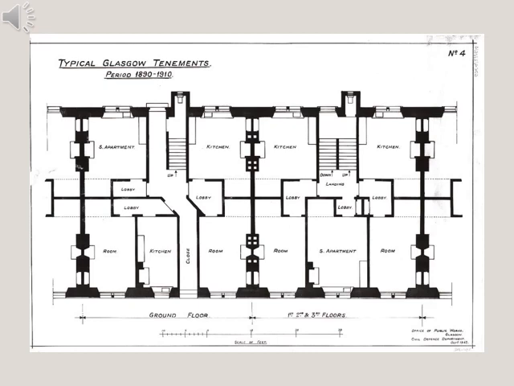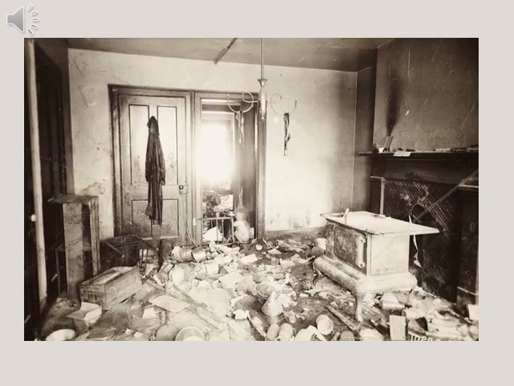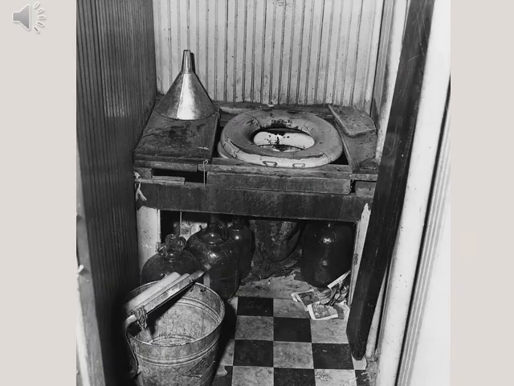One bathroom would be shared per floor for all of the tenants. This is an example of a tenement room with a young child hunched over in the center of the picture. This is an example of a tenement restroom or toilet in a tenement building.